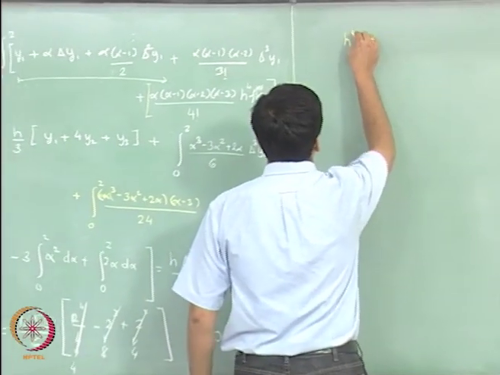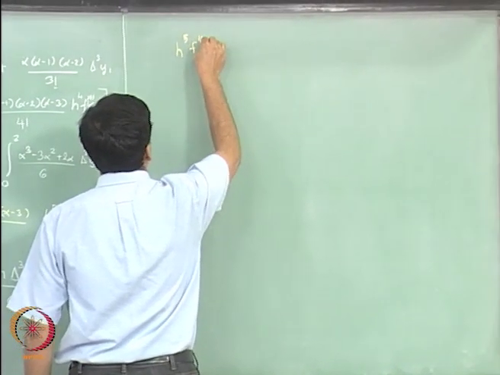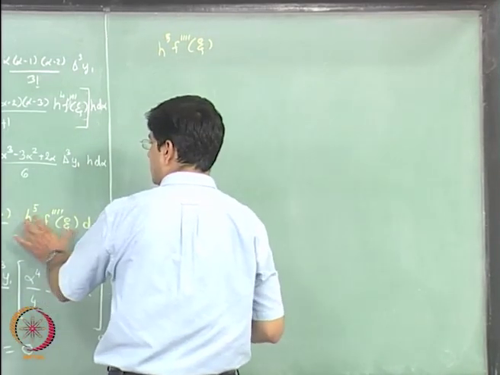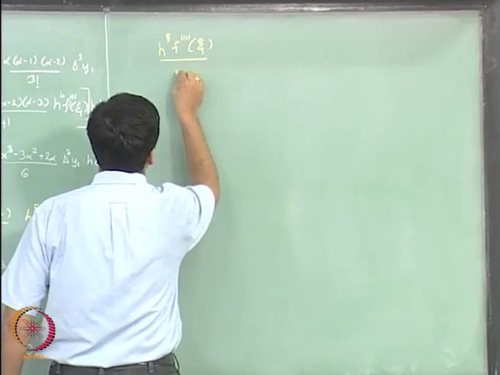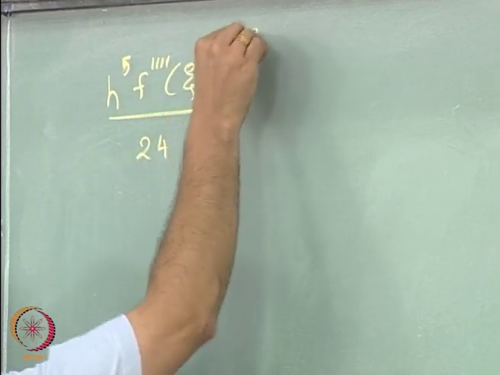So what we will write is h to the power 5 f4 dash of zeta divided by 24 multiplied by the integral from 0 to 2.